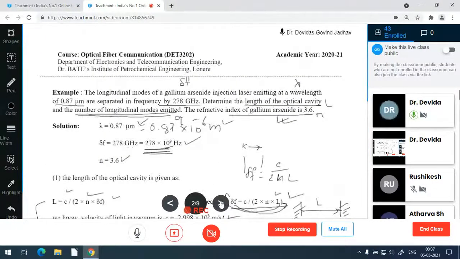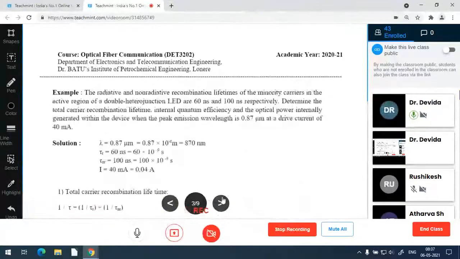So let us go to the third problem. The radiative and non-radiative recombination lifetimes, tau r, the radiative lifetime of the charge carriers, and tau nr, the non-radiative lifetime of the minority carriers in the active region of a double heterojunction LED, are 60 nanosecond and 100 nanosecond respectively.